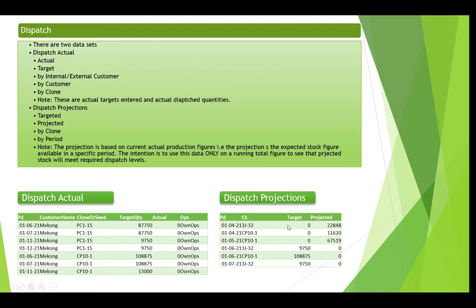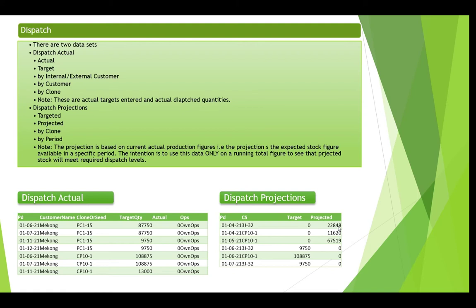Then we gave you another data set. Now, this is quite interesting, this is your only truly projected data set. With the parameters which NIMS has got stored, we could actually project stock levels in the future based on current plantings.